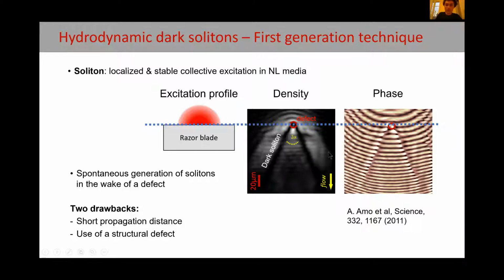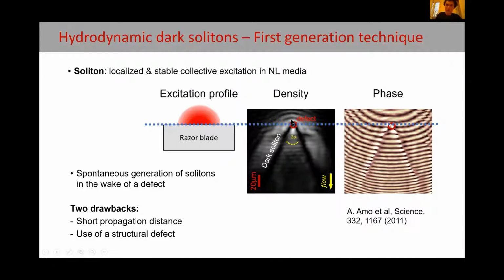So in order to see the solitons propagate, we cannot directly inject the polariton fluid here. So downstream of the defect, we cut the laser beam with a razor blade. So all the polaritons in this region of the cavity can only originate from the fluid flow upstream of the defect, a flow which is fixed by the inclination angle between the laser beam and the cavity plane. Okay, so we have a flow in this direction.